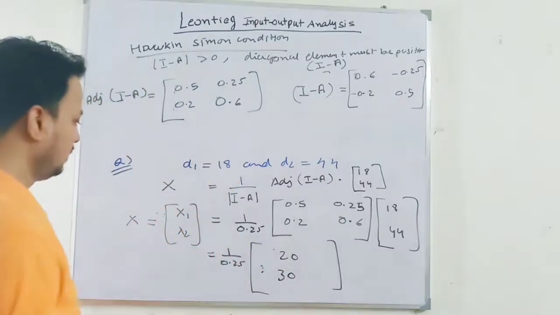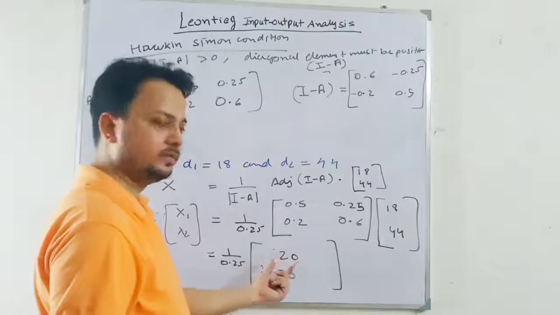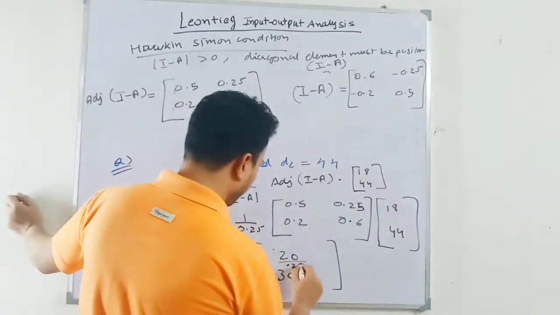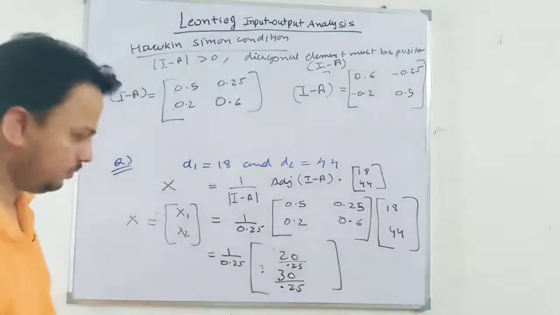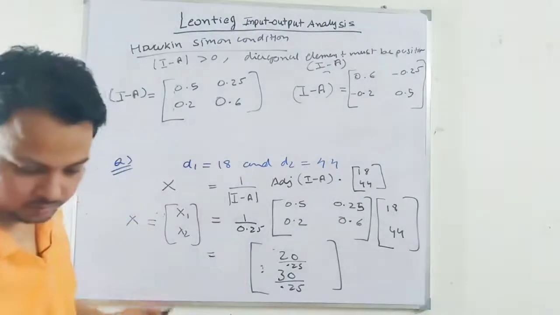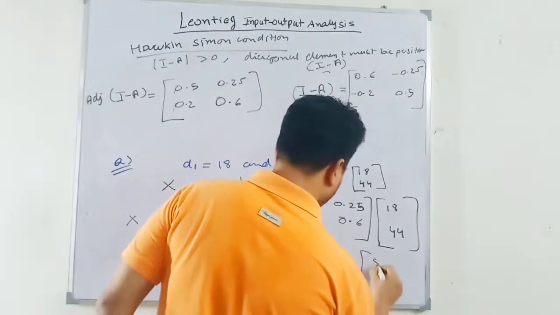Okay. So when you put it here, it will come in the division. Just put 20 divided by 0.25. This will be 0.25, right? So when you take out this thing, you will get 80, 120.